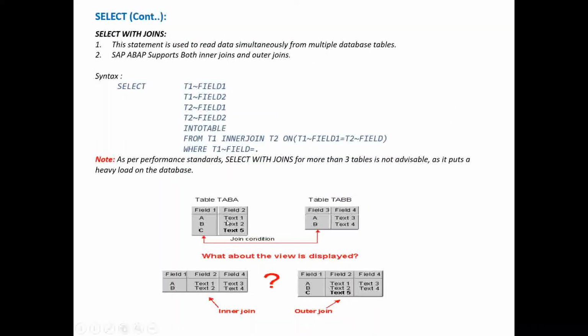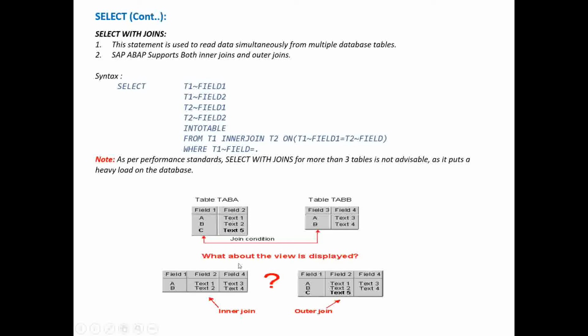So we have 2 tables here, table A and table B. In table A we have field 1 and 2, in table B we have field 3 and 4. When we compare, table A field 1 and table B field 3 are the same. Now we want to combine these 2 tables.